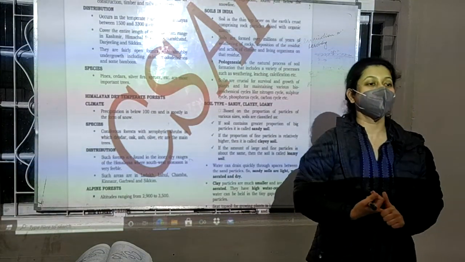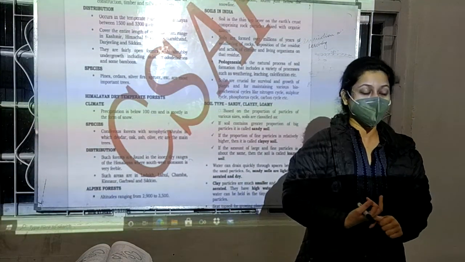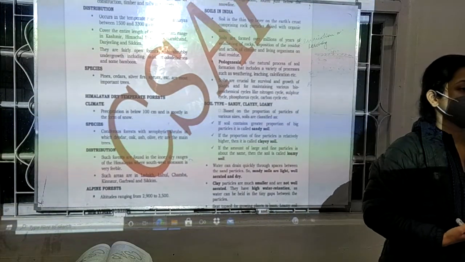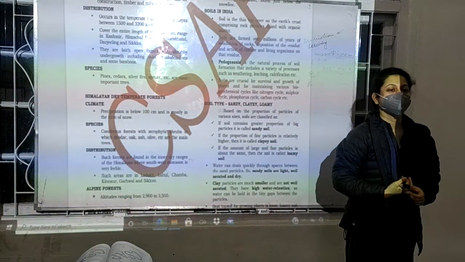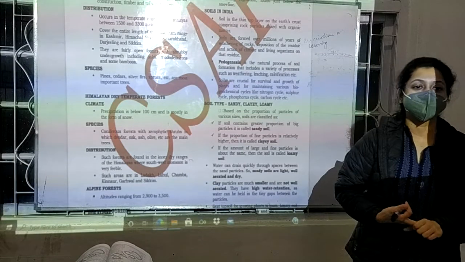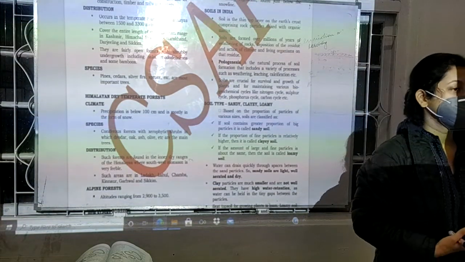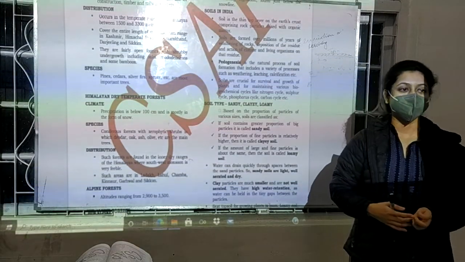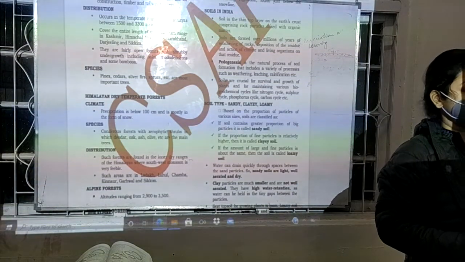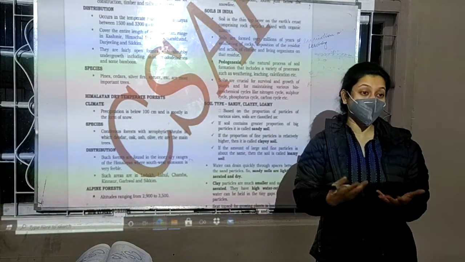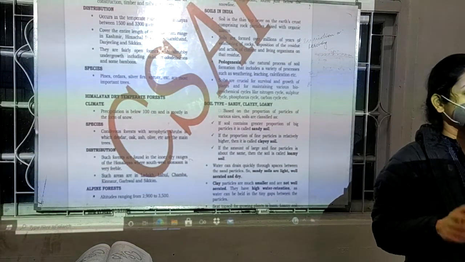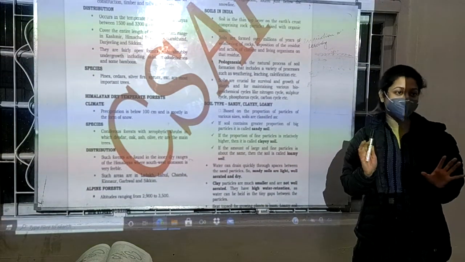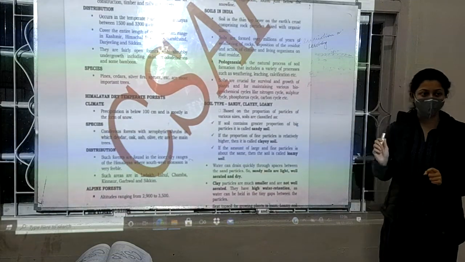U-shaped valleys, very good. Cirques, very good. Arêtes, tarn lake, then hanging valleys, some of the erosional features of glacier. So we don't have to remember, but when you see, you will recall. Same here, you don't have to stress.